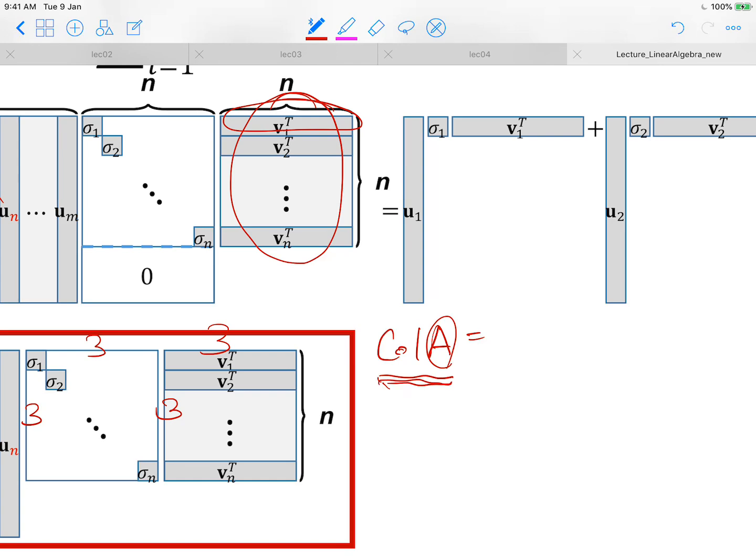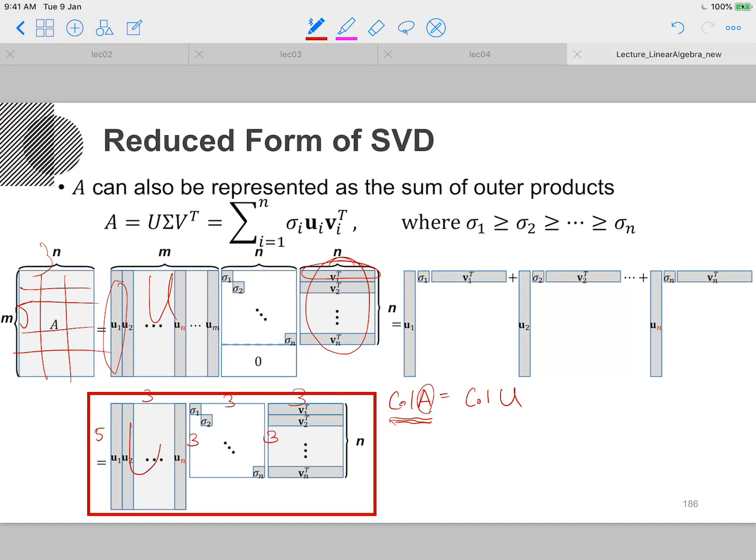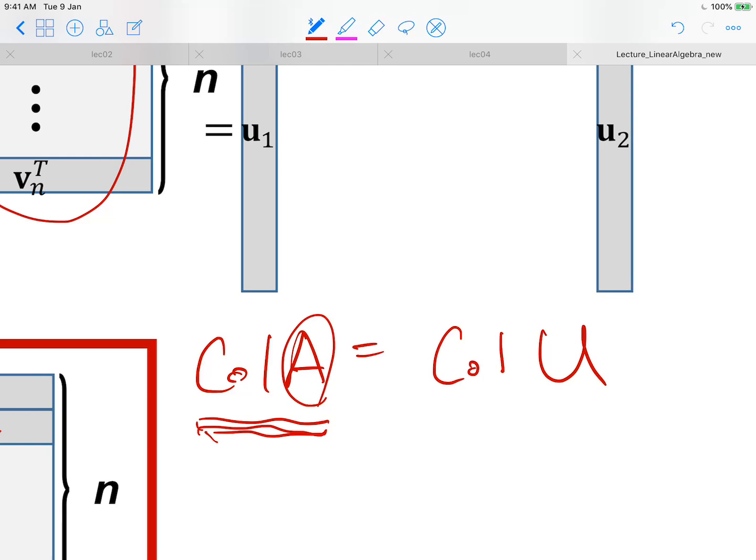This is the same as the column space of U in the case of this reduced SVD form, U, sigma, and V. Intuitively, what this tells us is that the column space of A is the same as the column space of U, which means that U provides orthonormal columns.